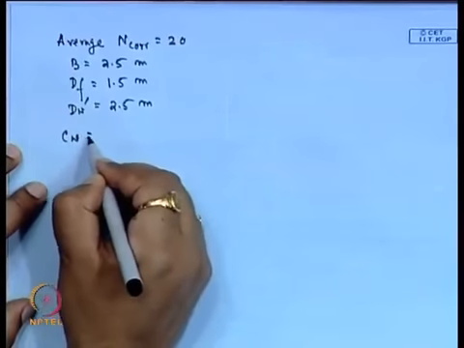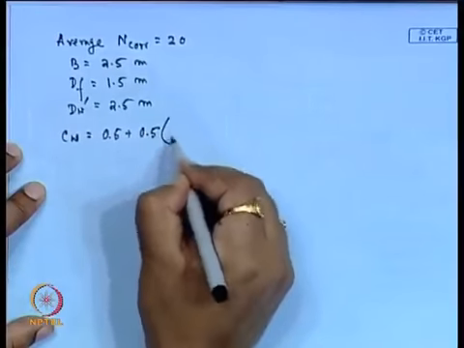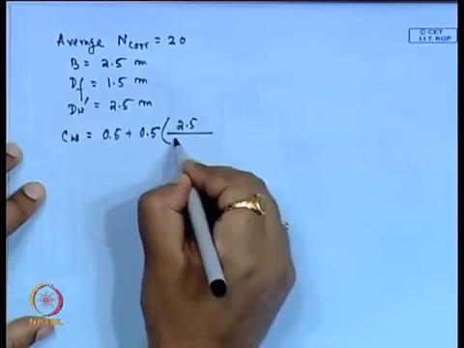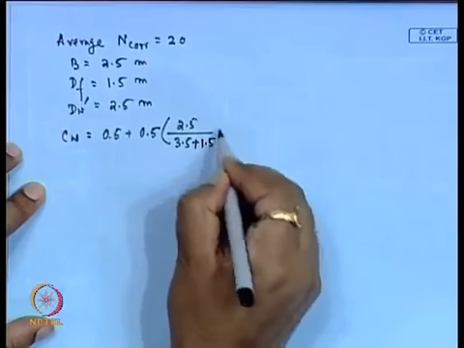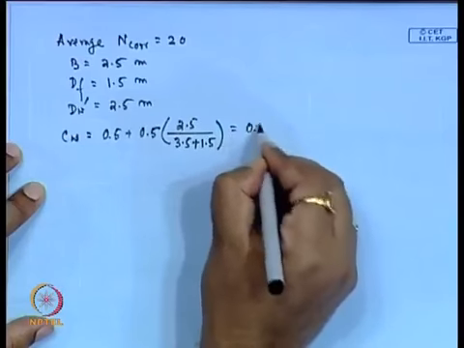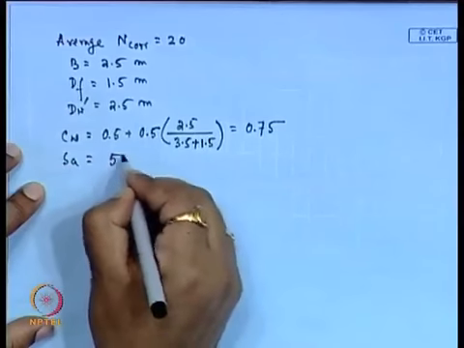So, we can calculate Cw is 0.5 plus 0.5 into 2.5 divided by 3.5 plus 1.5. So, this is 0.75, and SA value permissible settlement say 50 millimeter.